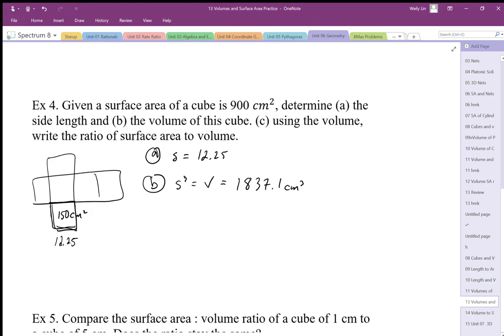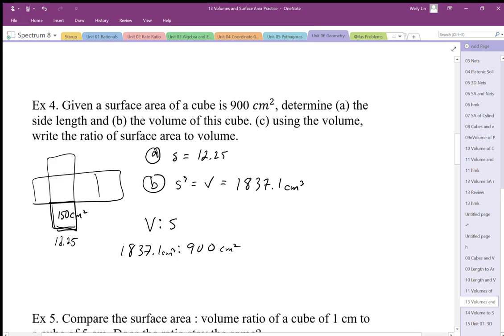The last part is something new. This volume to surface area ratio. Okay, the volume to surface area ratio is just a ratio where we just compare the volume, 1837.1, to the surface area of 900. Okay, so this is centimeters cubed to centimeters squared.